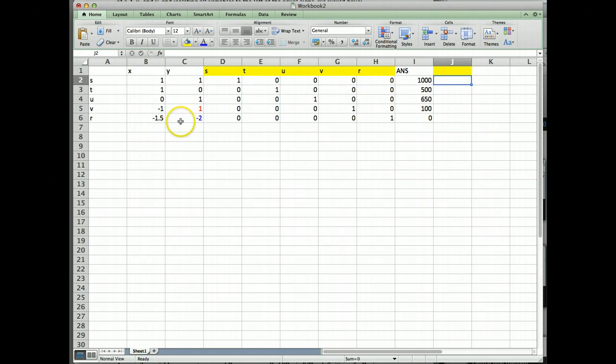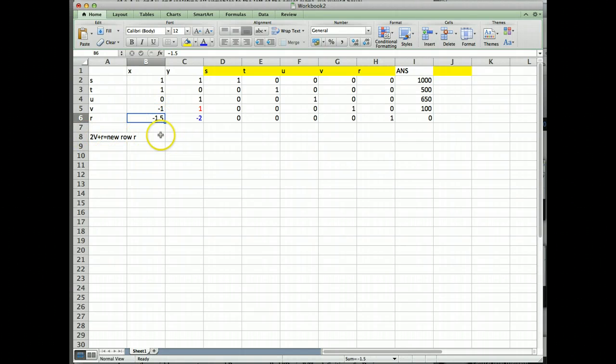So what I'm going to do is I look at the opposite of a -2, which is a +2. I'm going to multiply +2 times my pivot row of V, add it to R, and that will become my new row R. So +2 times a -1 is a -2.